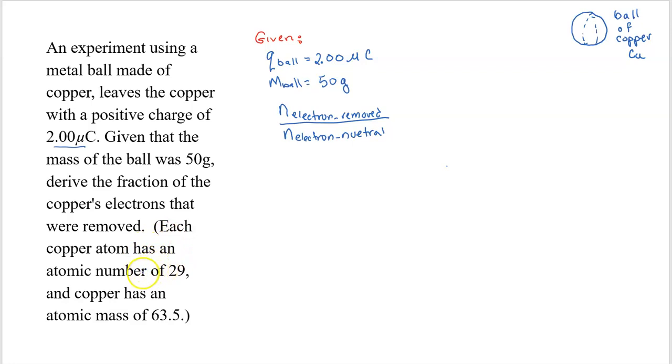Now, we're also given this information, so clearly we're going to need it. We're given that the atomic number for copper is 29. That atomic number we typically write as protons per atom, and it uses a Z, I believe. So let's do Z of Cu.